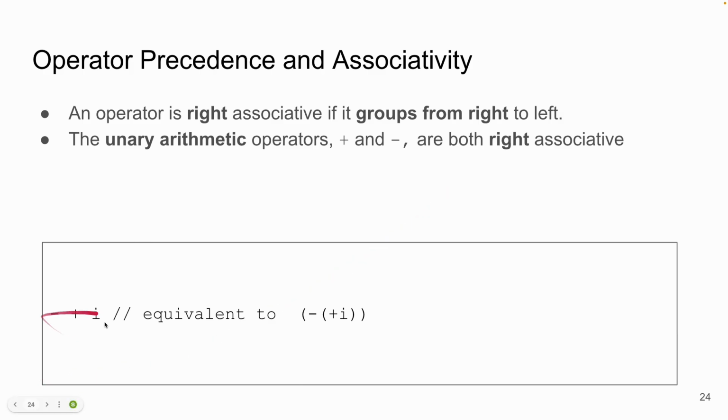So if you see something like this, this expression is equivalent to this expression here. We group the operators from right to left, so that is why we can put the parentheses like this.